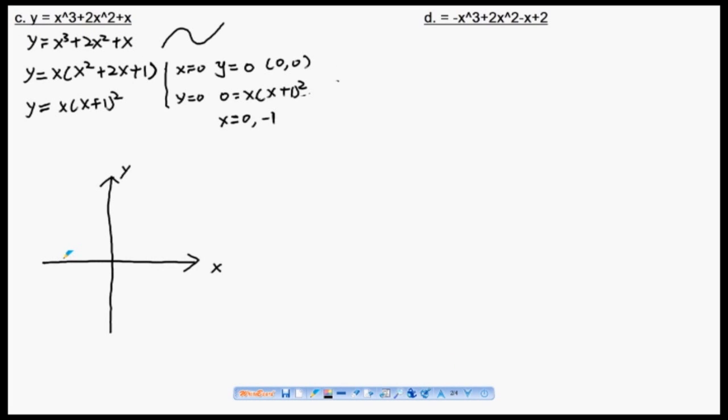In question C, we have the equation y equals x cubed plus 2x squared plus x. The shape of the graph would look like that because there's a positive coefficient for x cubed. Let's factorize it first.